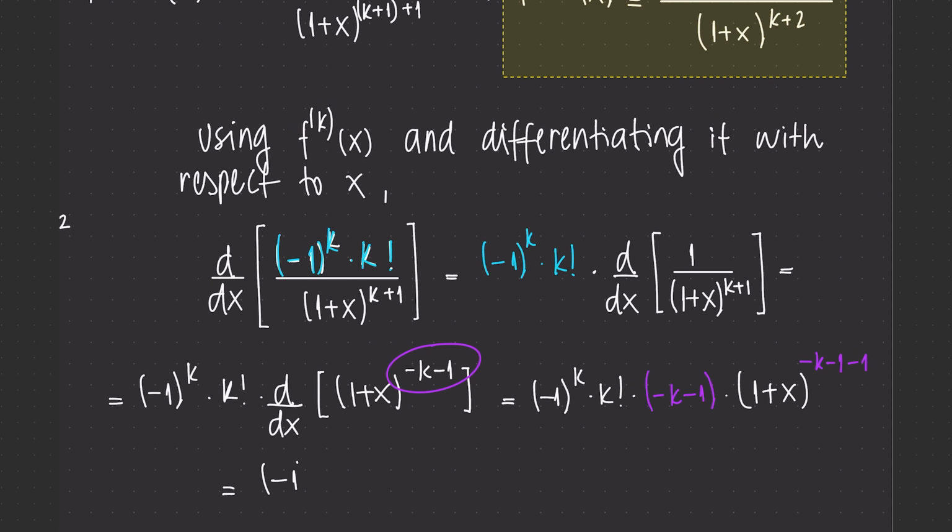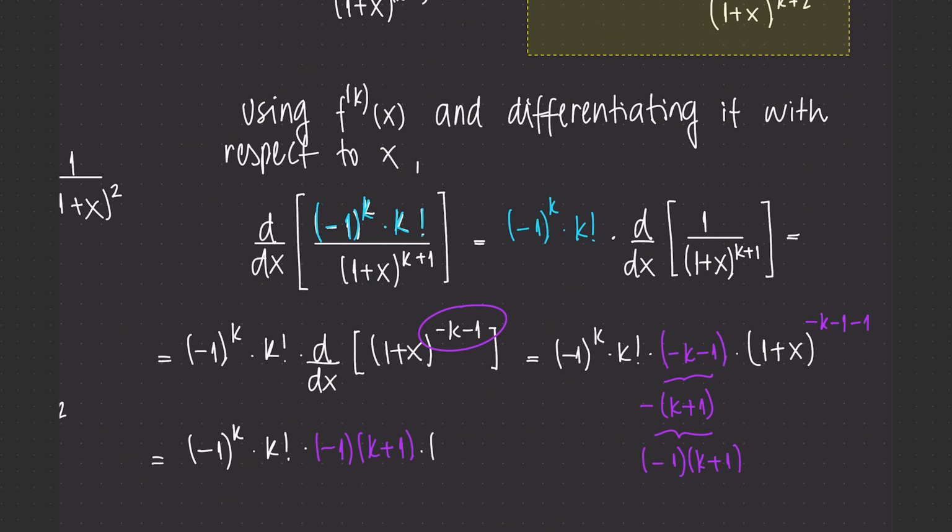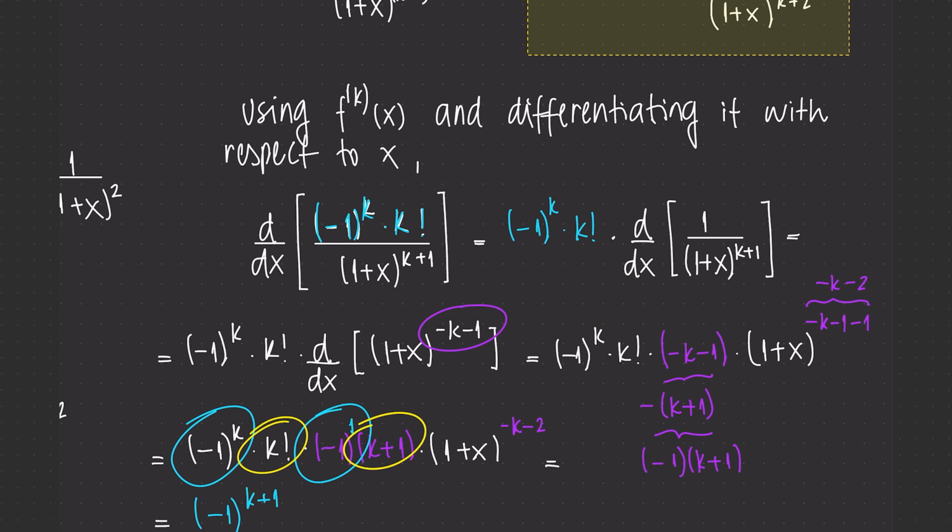So we have (-1)^k times k factorial times, and notice that this is the same as -(k+1), which can also be rewritten as -1 times (k+1), of course, times (1 + x)^(-k-2). And let's simplify it even more. So -1 times (-1)^k is equal to (-1)^(k+1). k factorial times (k+1) is the same as (k+1) factorial.